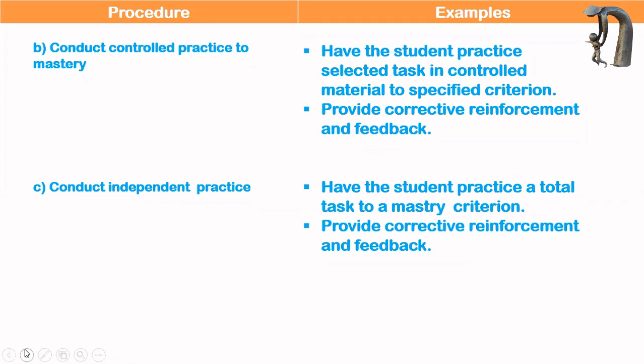And in that also you need to provide corrective reinforcement and feedback. Now you see, in phase 2 of step 4, you have 3 sub steps where you need to give positive reinforcement and feedback in all 3 stages.